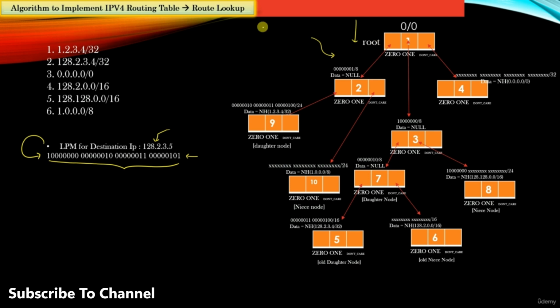Now note that the route lookup algorithm uses an intermediate data structure called a stack. We start our search in this M-trie data structure from the root as usual. Since we are starting our search from the root, in the stack we always push the don't care child of the current node.